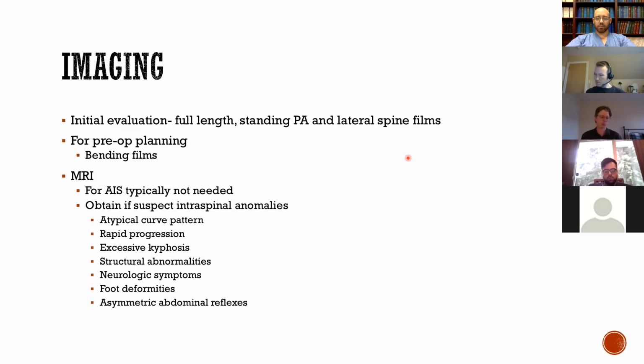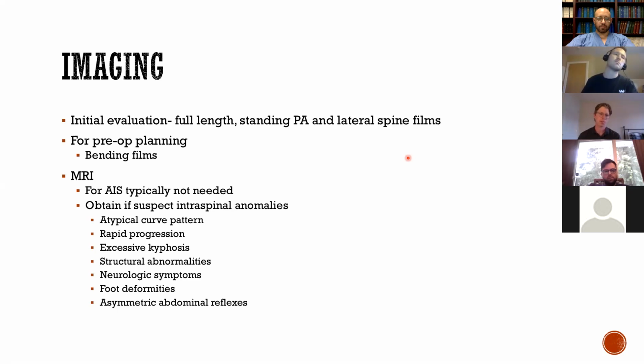But if you suspect that there's something more, like we mentioned, an atypical curve pattern, like a left curve, so a levoscoliosis, or rapid progression, excessive kyphosis, so that's a sagittal plane deformity, any other structural abnormalities like we talked about, hemivertebra, bars, neurologic symptoms, so abnormal abdominal reflexes, we mentioned foot deformities, and asymmetric abdominal reflexes, kind of stuff like that.